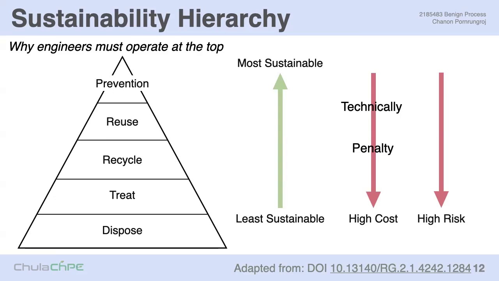It makes sense that disposal is the least sustainable approach we can take, where prevention is the most sustainable, and this also corresponds to the cost and the risk as well. As you can see here, if we prevent it from being created in the first place, the cost is lower than dealing with the disposal and the waste after the fact, right? And also the risk increases as we go down the ladder. So yeah, have this image in mind.